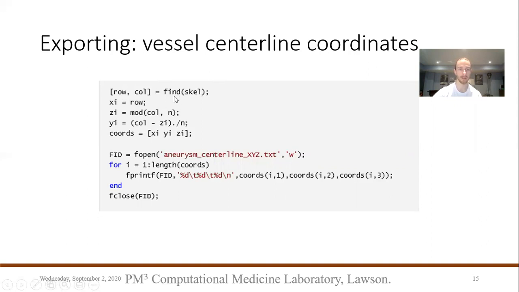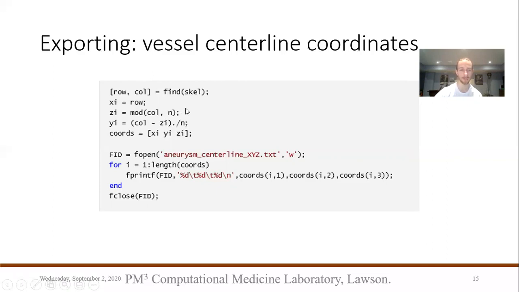However, there's no function within MATLAB to find 3-dimensional coordinates, and so what the find function will do for a 3-dimensional matrix is it will find the row, but within the column vector, it basically contains the information for the y and the z coordinates.